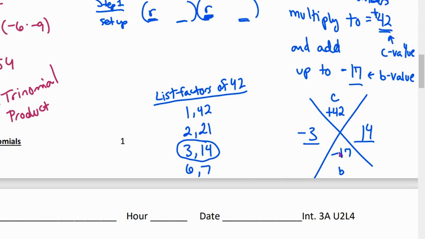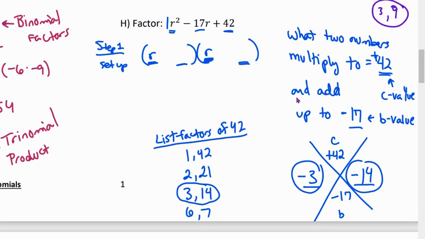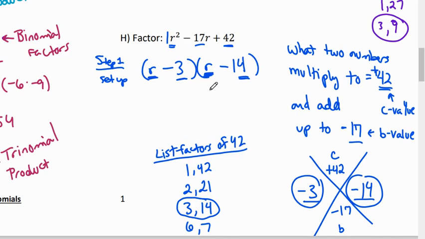So if they're both negative, they will add up to negative 17, but they will also still multiply together to equal a positive 42. So the negative 3 and the negative 14 are the two numbers that we're going to put in our binomials. So that's where we get the two numbers from. And that's kind of the hardest part. And a lot of this, like I said, is mental.